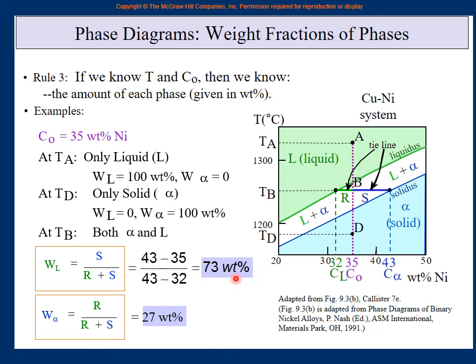Now once you find that this is roughly 73%, you already know 100 minus this will be the other one. But don't do that. I would always recommend that when you find for the solid, you say go to the opposite side. It is 35 minus 32 divided by 43 minus 32. If you get 27% roughly, then you are confirmed that your previous one was also right.